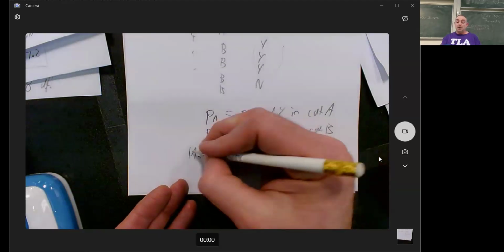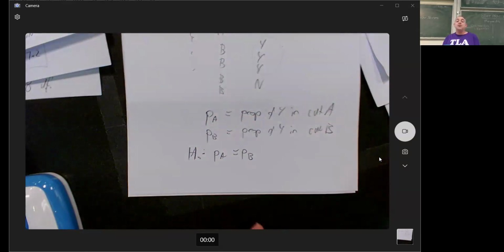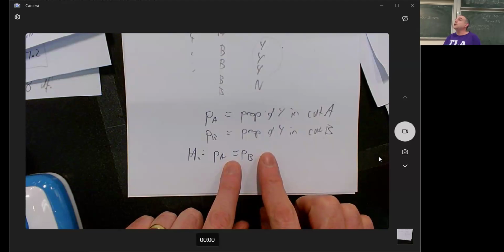That is a way of pitching the same question that you could have pitched as saying that location is not related to favoring this person as prime minister. That would be the way of saying it in a chi-squared situation, but in a proportion situation, this is the way of saying it, that the 2 proportions are equal.